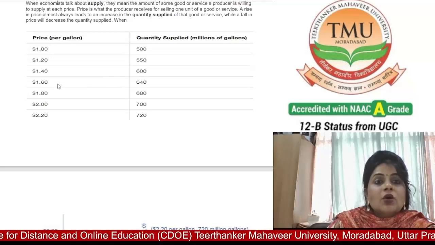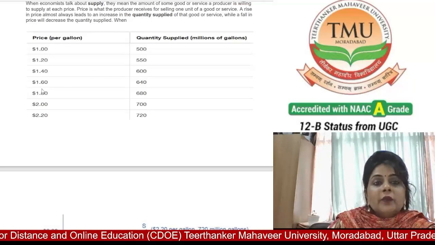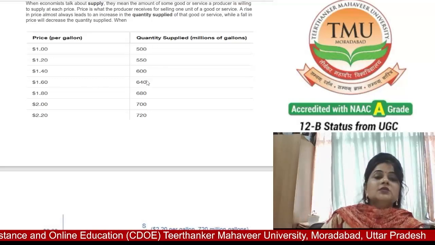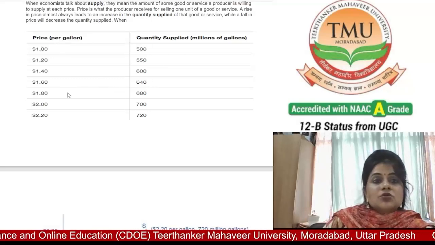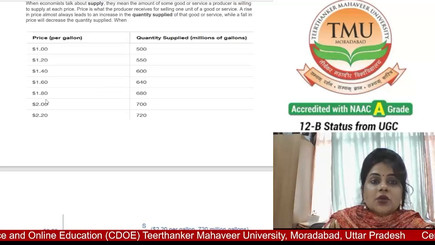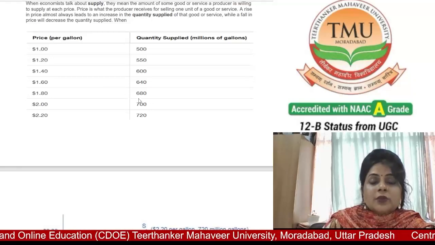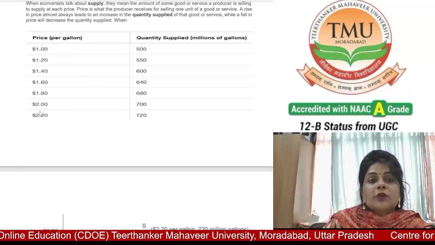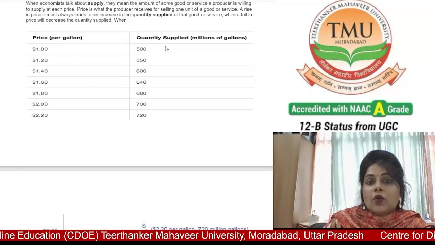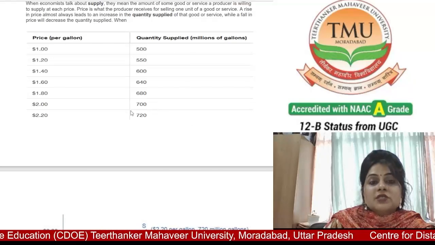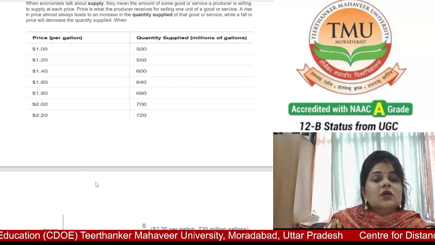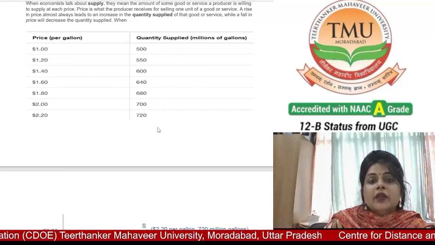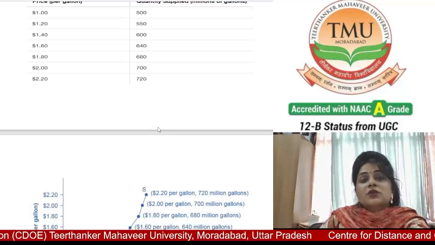When the price becomes $1.60, the quantity supplied increases to 640, and at $1.80, the quantity supplied increases to 680. When the price becomes $2, the quantity supplied becomes 700, and when the price increases to $2.20, the quantity supplied is 720.